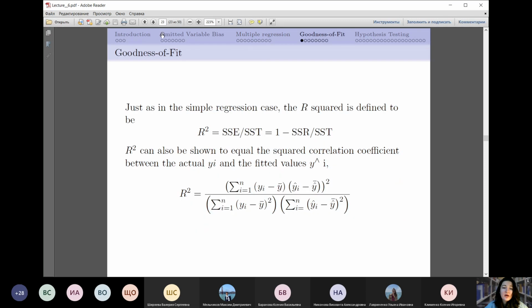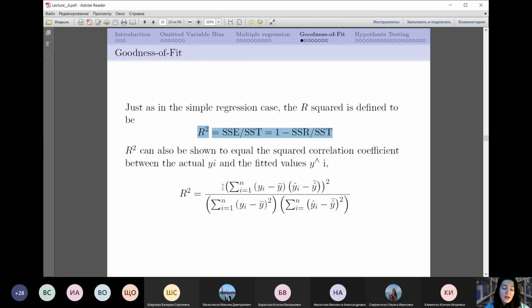So if we talk about the goodness of fit, again, R squared in general terms could be used as an indicator of goodness of fit of the model. Just as in the simple regression case, we use the same formulas. We discussed this formula today in the quiz example.